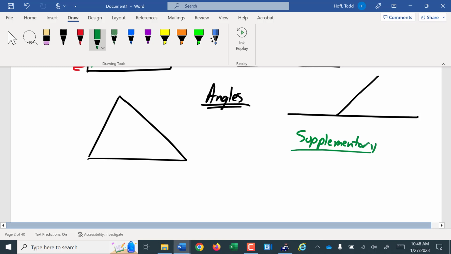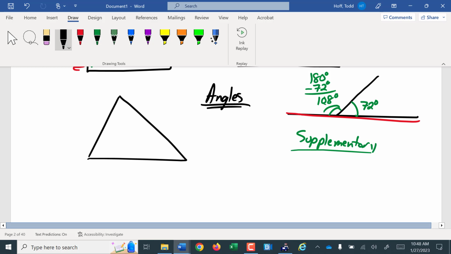Supplementary angles add up to a line like this. So what do these two angles have to add up to if we add them up? 180 degrees. So if I know one of the angles, let's say I know that this one is 72 degrees, I can find this one by subtracting. 180 minus 72 is 108 degrees.